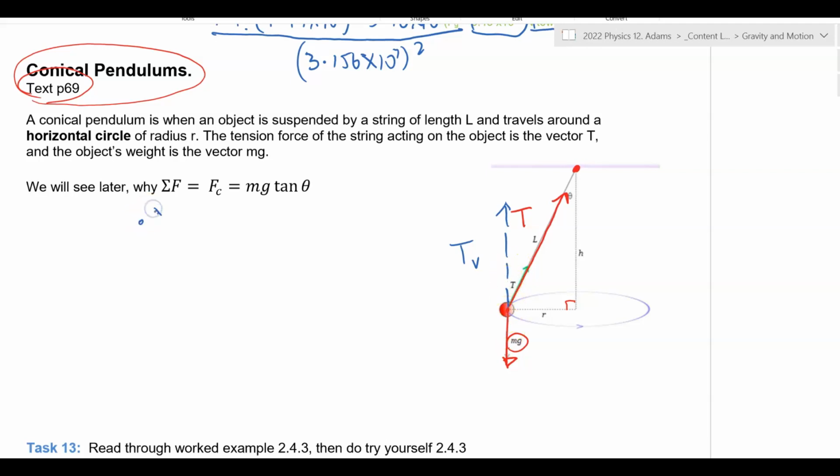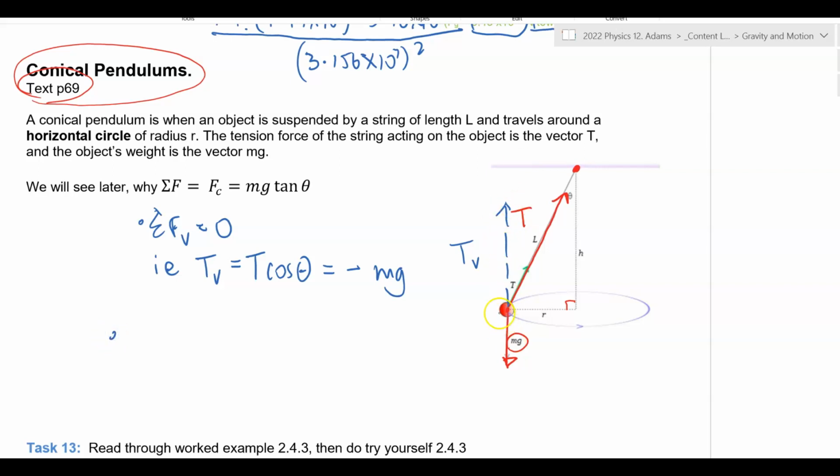So if we go over here, we say our net force in the vertical direction is 0. In other words, that vertical component of the tension, which is going to be T cos theta, is equal and opposite to the weight force of the thing that you're spinning in a circle.